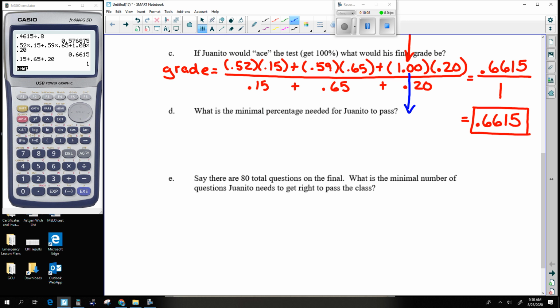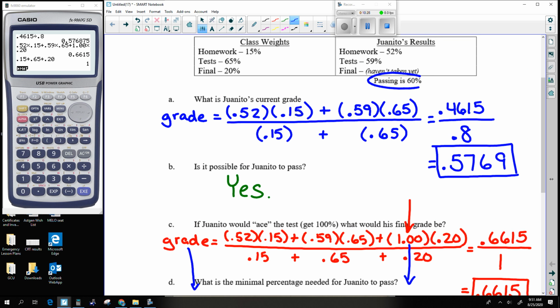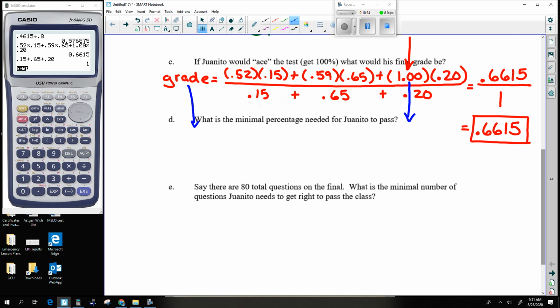So that's one change. The next change that we have to make is we have to change the grade. The grade is no longer unknown. We're not discovering what the grade is. We know what that is. So the minimal percentage to pass would imply that his grade is 60%. All right, so setting this up with the changes, the answer is 60%.